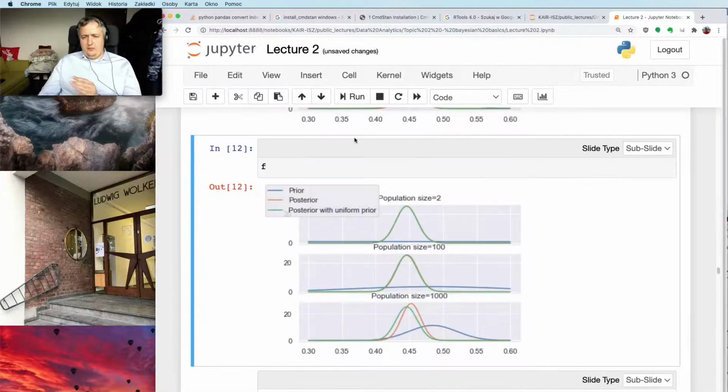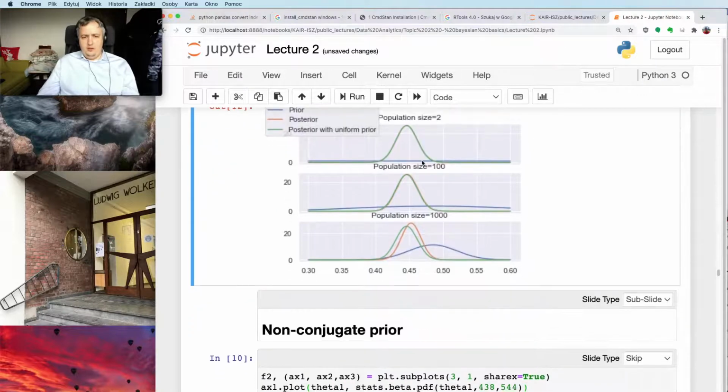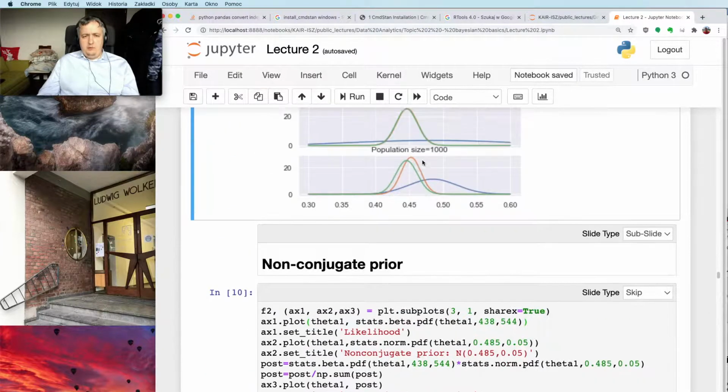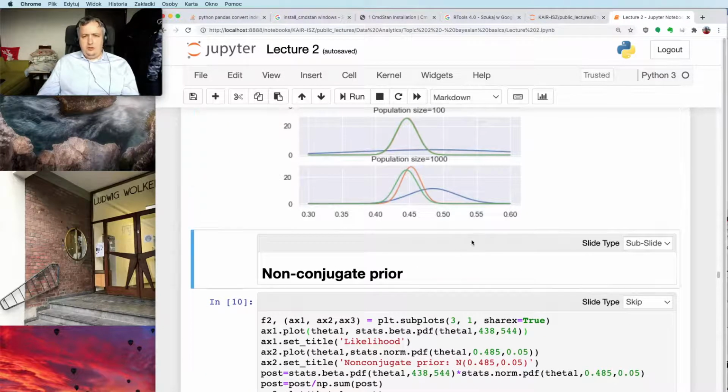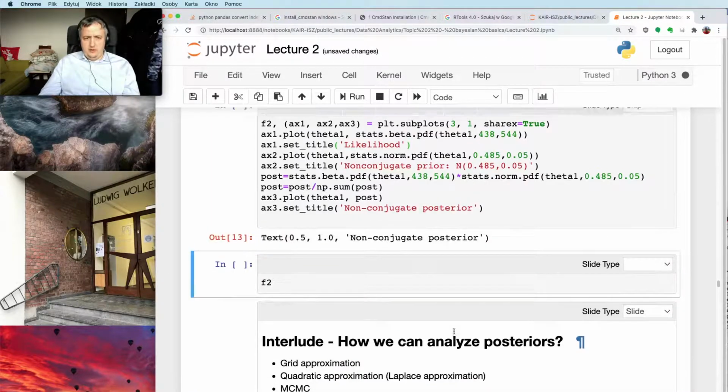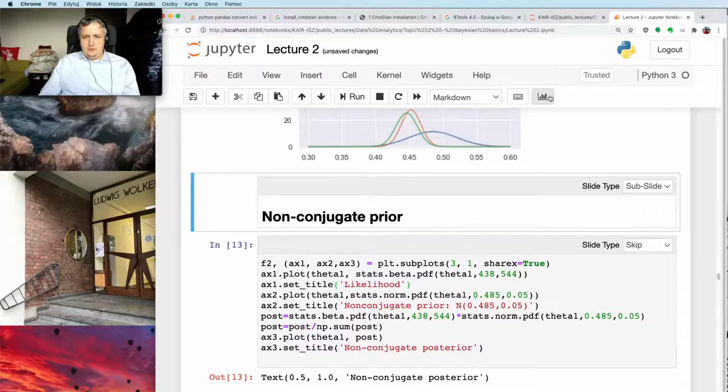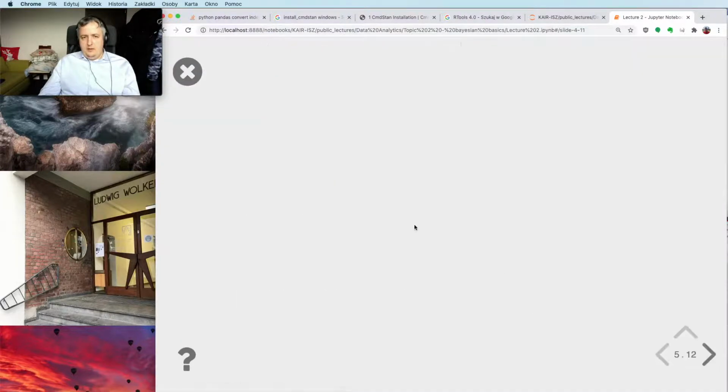And because it is one, I think that we can maybe just add a discussion of non-conjugate priors, and we will finish on that. So what about non-conjugate priors? I'll just run this in the background and let's go back to the slides.